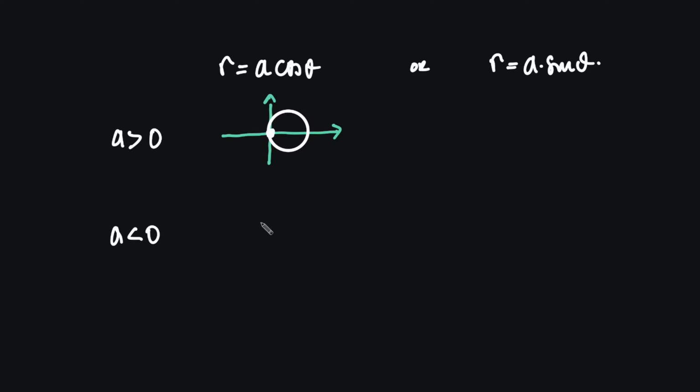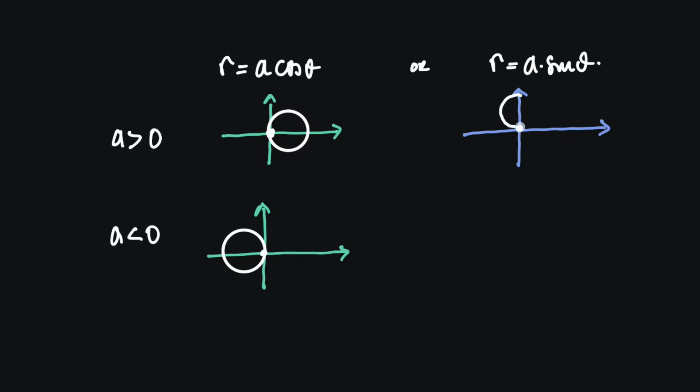And if a is less than 0, that means that it's negative. Then if it's cosine, the circle is going to be drawn passing through the pole on the left side. So it's going to be something like this. And for sine, if a is positive, we're going to get a circle that passes through the pole, but it's going to be on top.